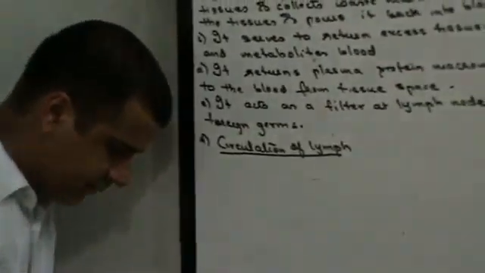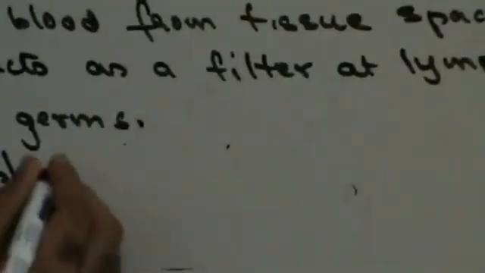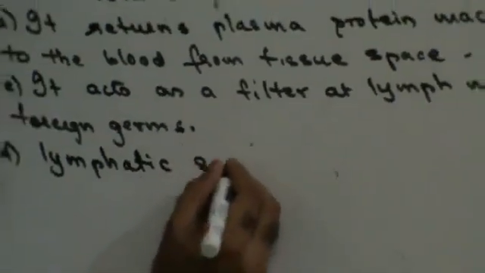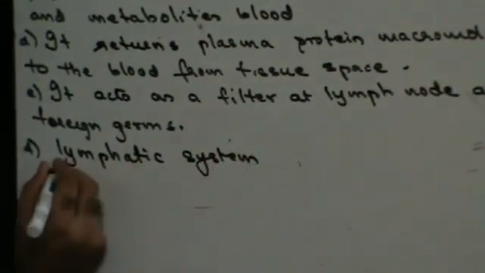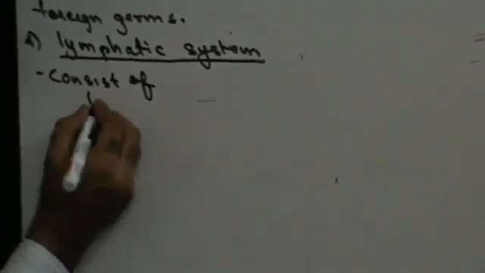So I can say that before the circulation of lymph, let us first see the lymphatic system. What is it made up of? The lymphatic system consists of, first, lymph, which I have already explained to you.